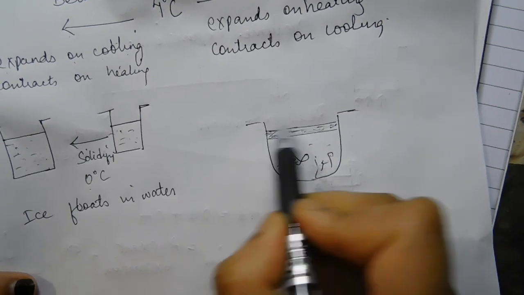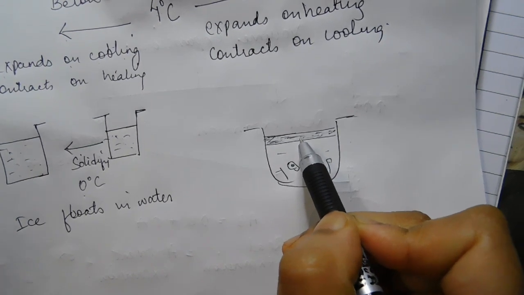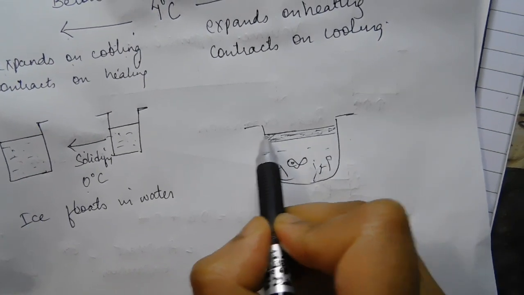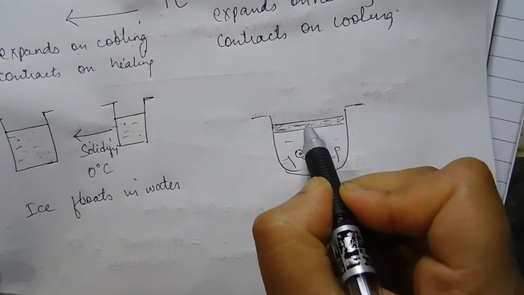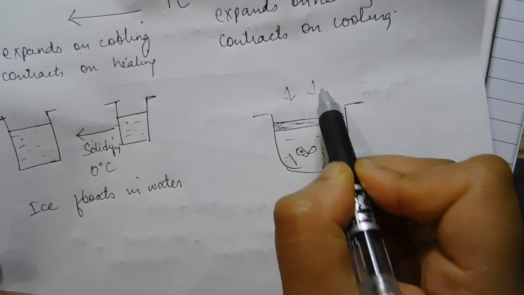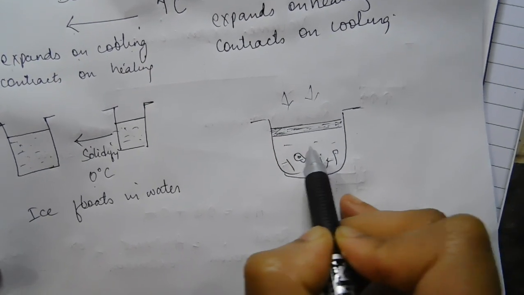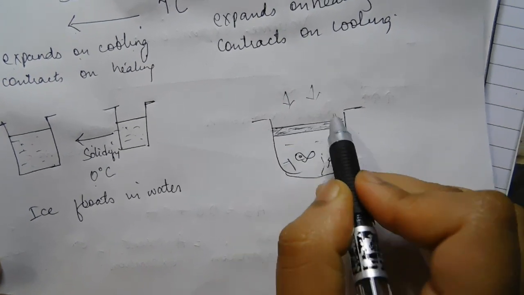And because the volume is more, it floats, so there we have got a layer of ice at the top. Now this ice is a bad conductor of heat, so it does not allow the outside cold to enter below and the warmth in the water to go outside.